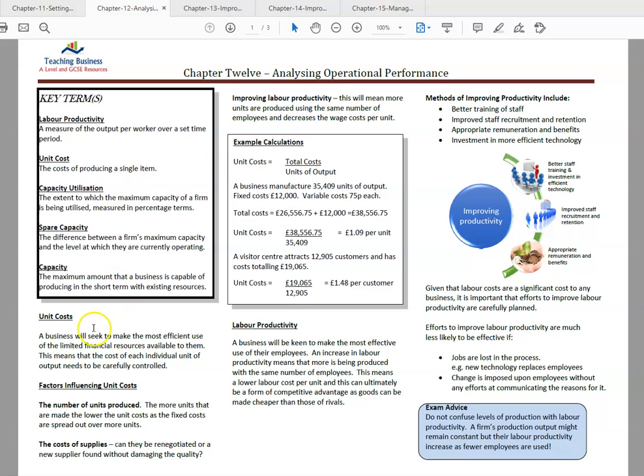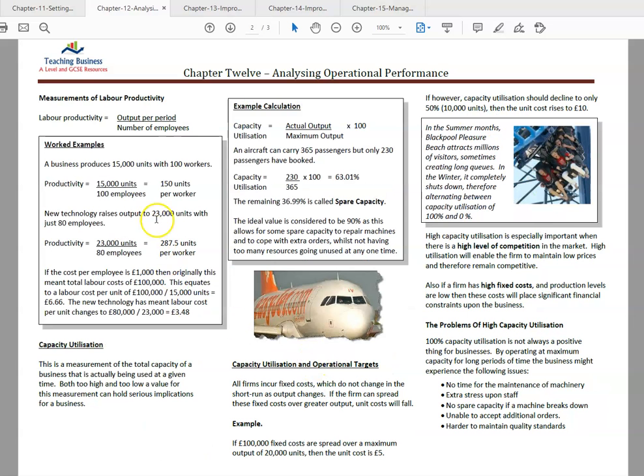So we have unit cost, that's the cost for every individual unit. You have labour productivity, that means how much an individual is producing. And we've got the calculation here. So you have how many units divided by how many employees there are, or workers there are.